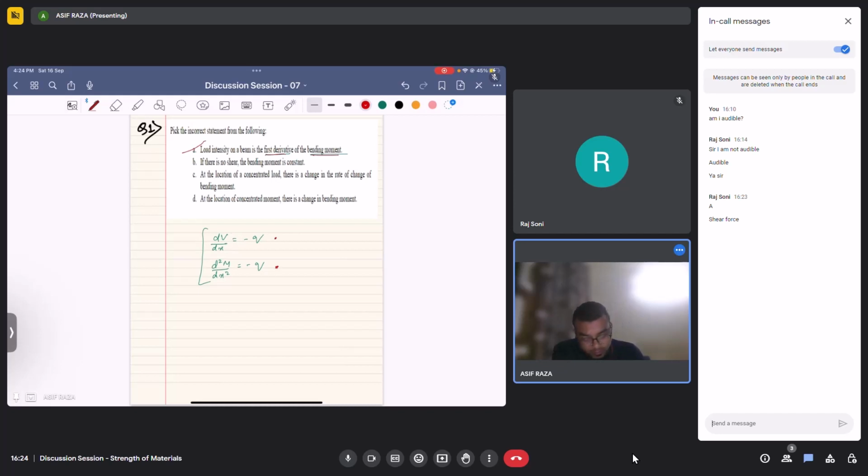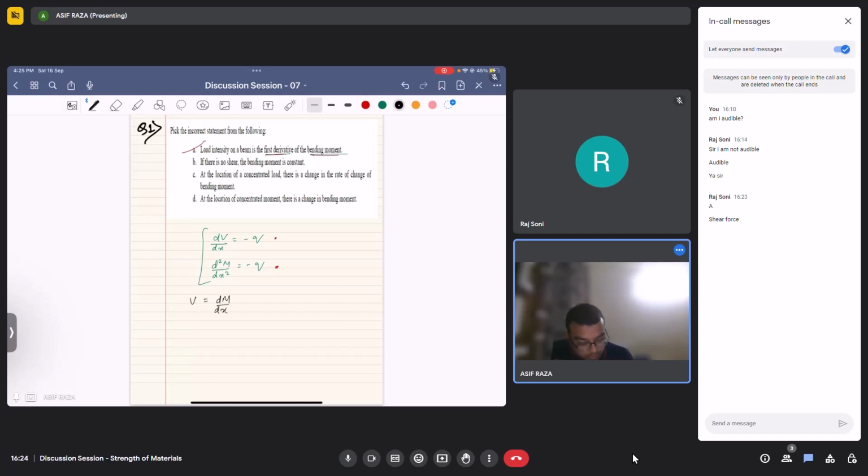Okay. So option B says if there is no shear, the bending moment is constant. Regarding statement B, we have a relation: shear force V is equal to dM by dx.